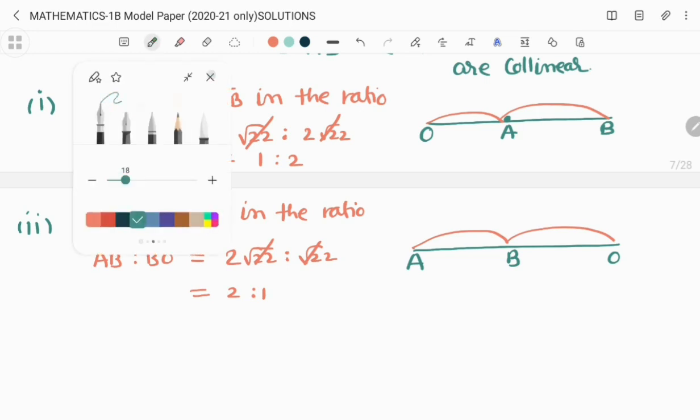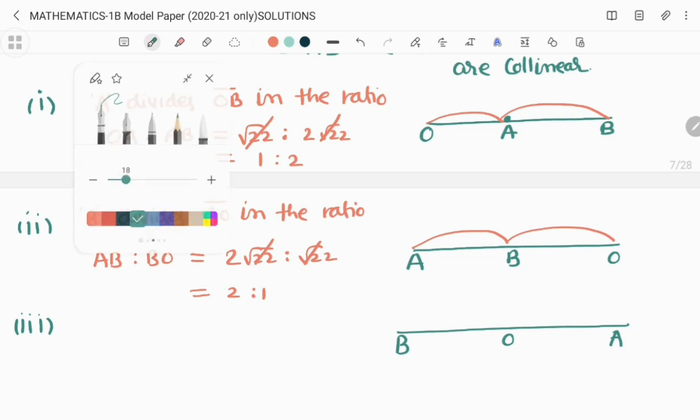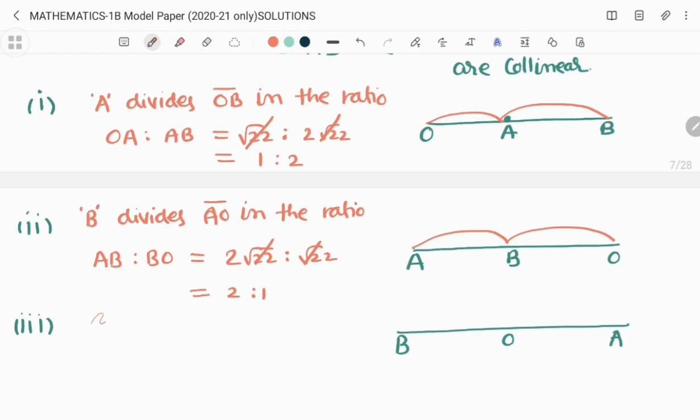Third case. In this, O divides AB in the ratio BO is to OA.